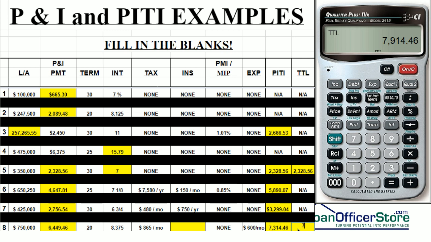So really, I would call this the PITI, and everybody else in the business would call this the PITI payment. Although you want to make sure if you say total payment, you're very clear about what you're saying. And if you're showing something on the calculator, you want to make sure that you're very clear that there's a difference between the PITI payment and the total payment, especially on condos, co-ops, townhouses, those kind of things.